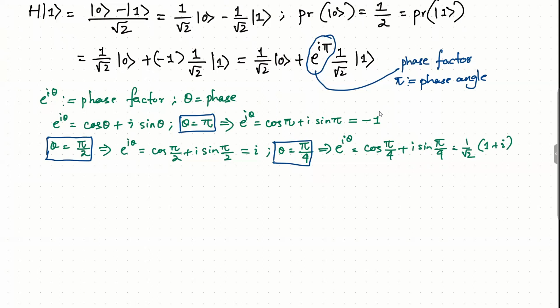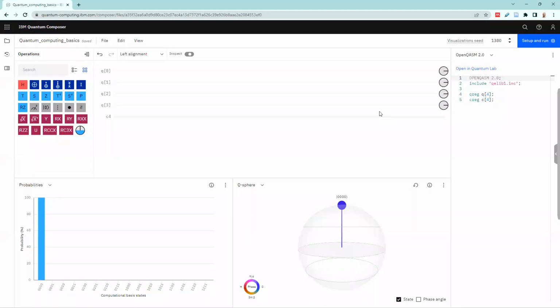Anyway, coming back to the problem, when the Hadamard gate applies to state 1, it gives me a phase factor of minus 1 in front of state 1, and we get 0 minus 1 over root 2. So let's get back to our IBM Quantum Composer and see what happens when we apply the Hadamard gate to state 1.